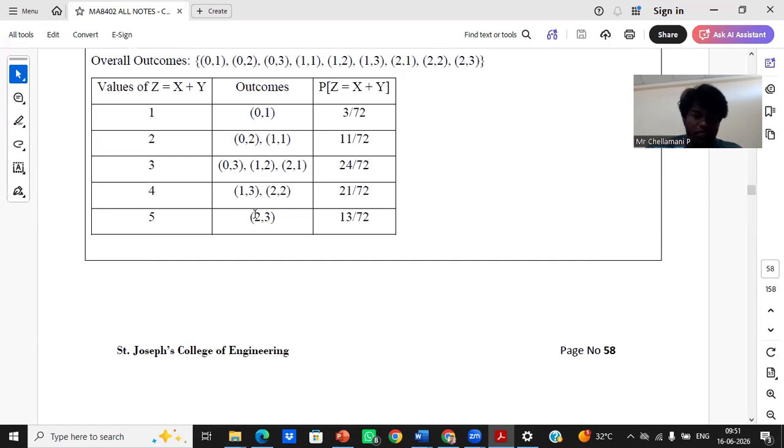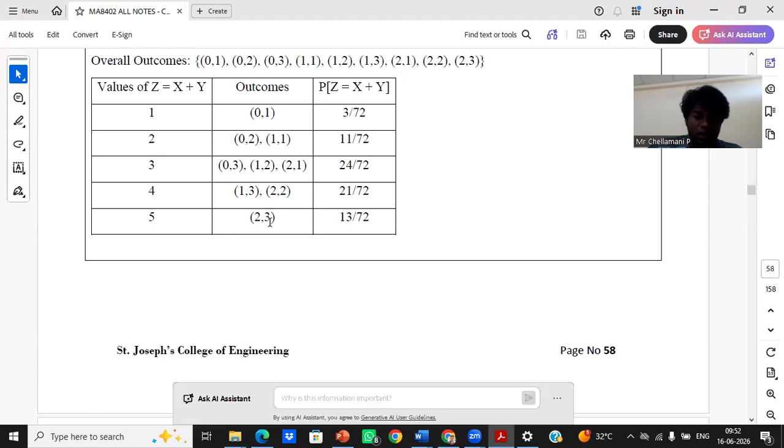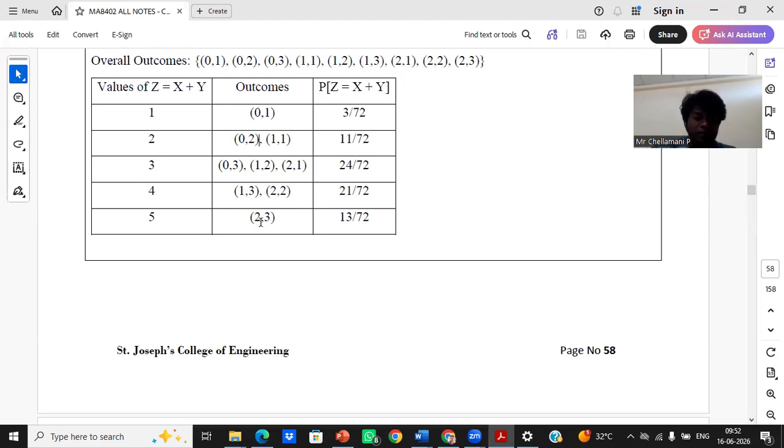The next one is 1,3 and 2,2. Adding the two values, we get 21 by 72. Similarly, 2,3: here x is equal to 2, y is equal to 3. We must see the value in the table. That value is 13 by 72.